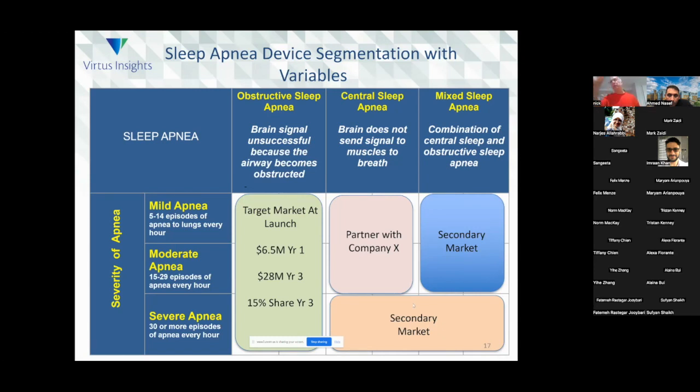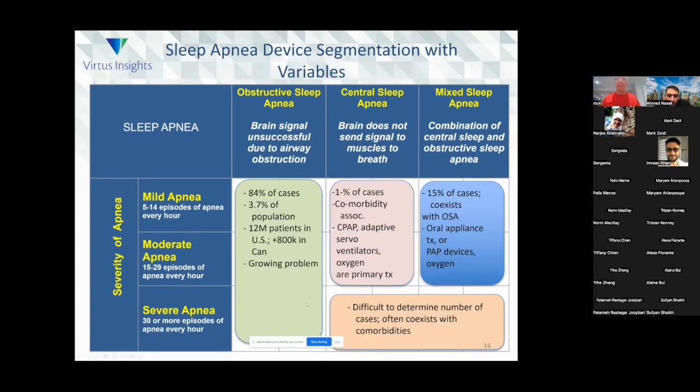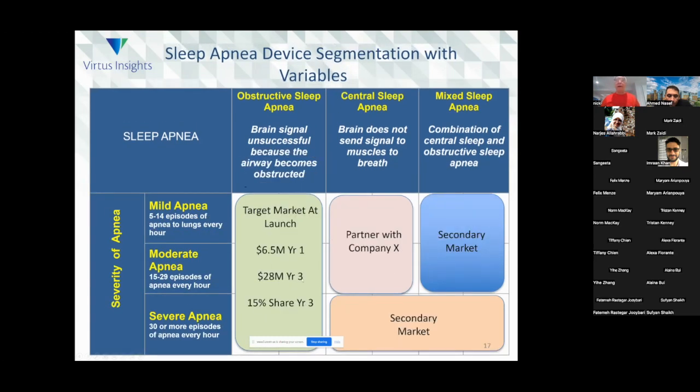We also will be targeting some mixed sleep apnea patients. And then you can build a strategy around that. In fact, they even put their revenue forecast here of year 1, year 2, and 15% market share by year 3, based on other insights. It's a powerful exercise. It's a powerful tool.